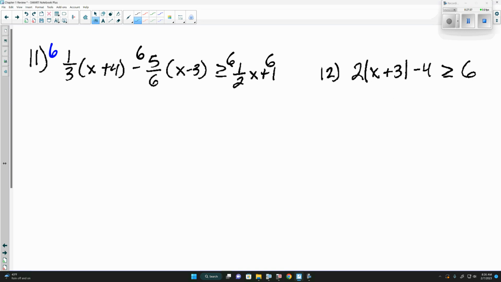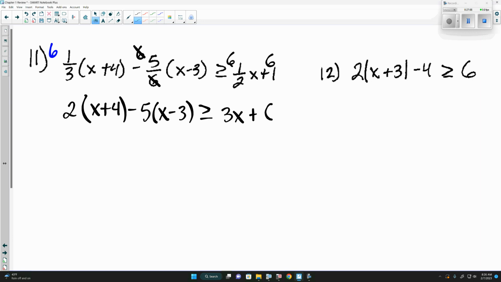Because 6 times 1/3, we get 2. 6 divided by 3 is 2. Here, the 6 and 6 would cancel. 6 times 1/2 is 3x, and 1 times 6 is 6. Like the problem I said earlier with using the 15, similar process.